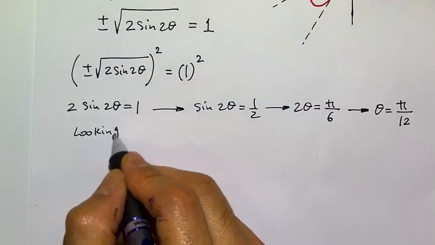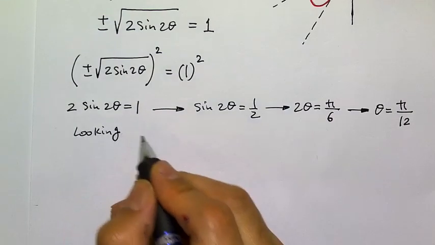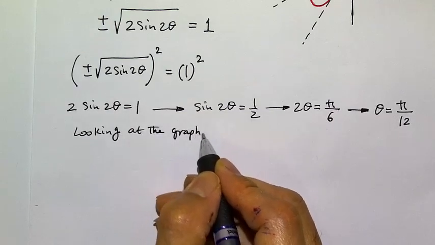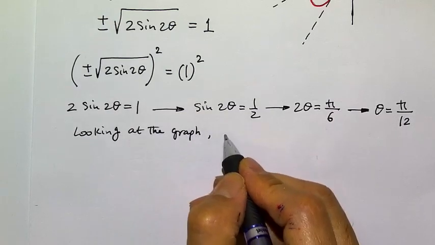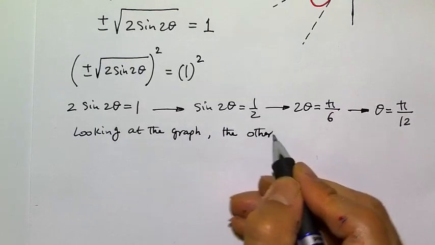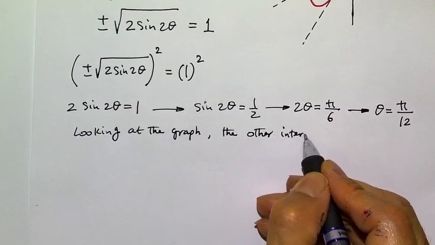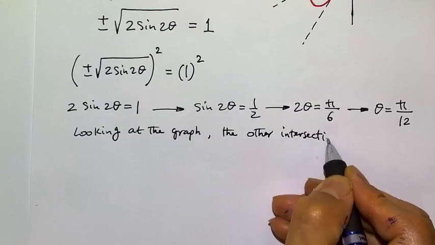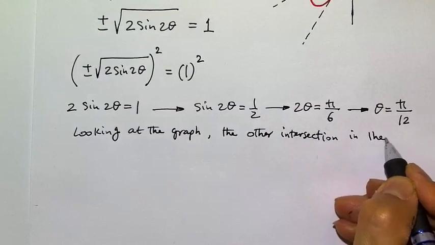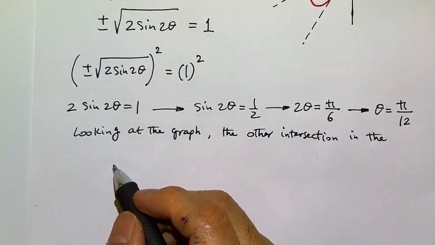So looking at the graph, the other intersection, let me just say in the first quadrant, right? Because we have an intersection on the other side too.